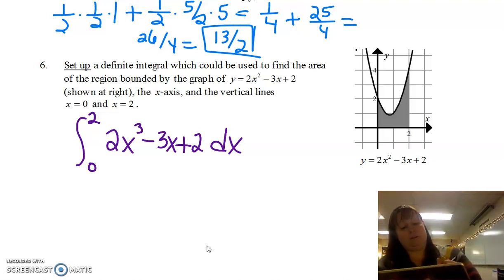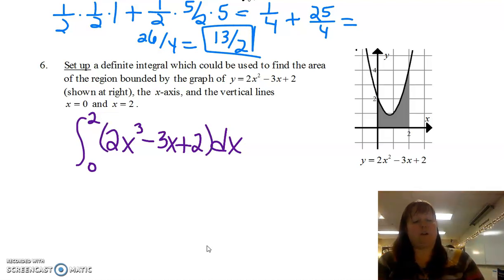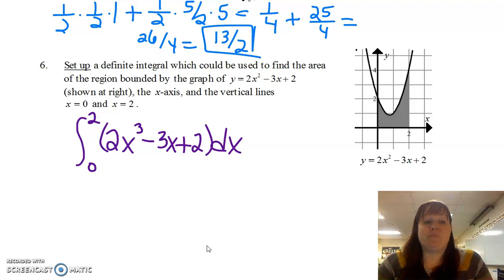I should put parentheses around that, since the whole thing is being evaluated. So that's the integral that we would solve if we wanted to find the area under the curve. It doesn't actually ask us to, it just asks us to set it up.